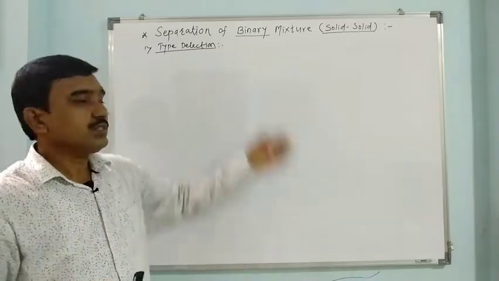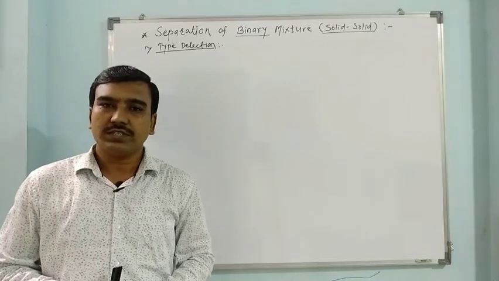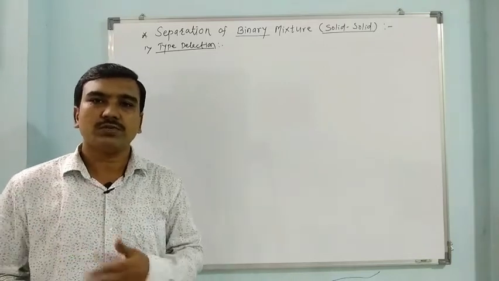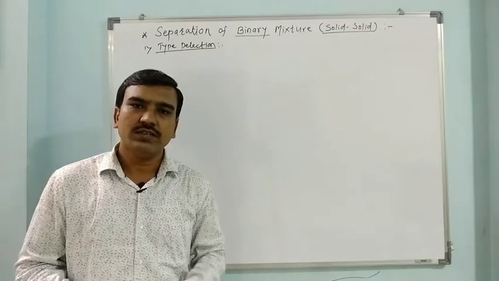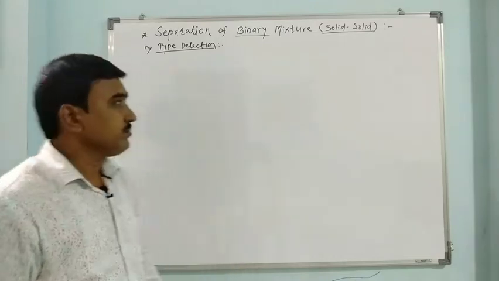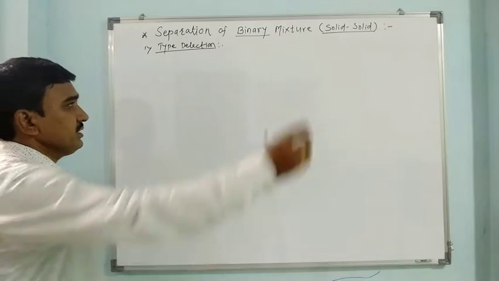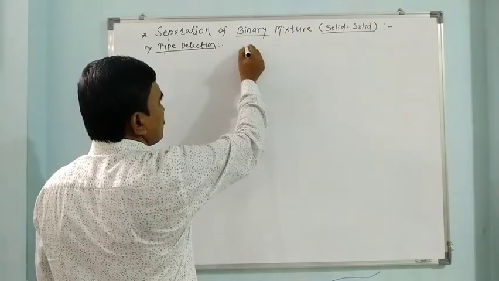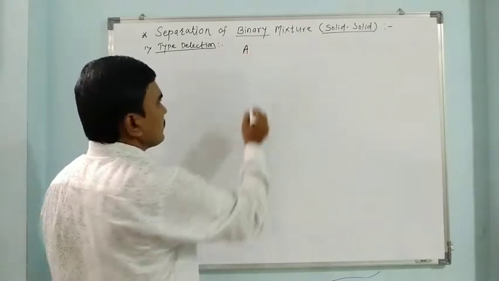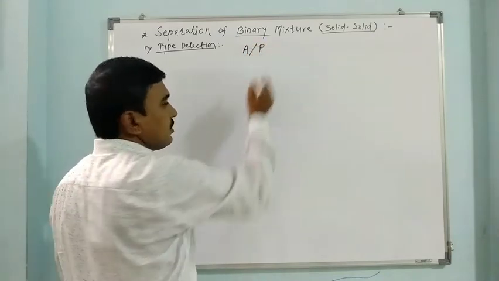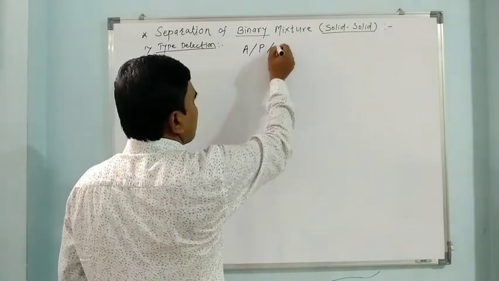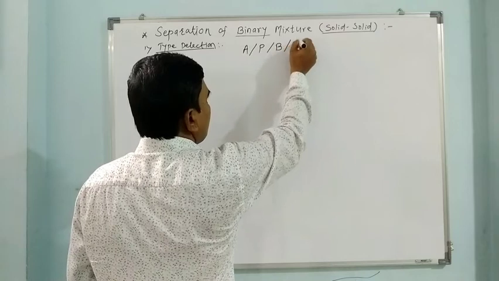But here we first see the chemical separation of the binary mixture by using different reagents such as sodium bicarbonate, sodium hydroxide, and 1:2 HCl. In this way we first detect the type. The binary mixture can contain acid, or phenol, or base, or it may be neutral.